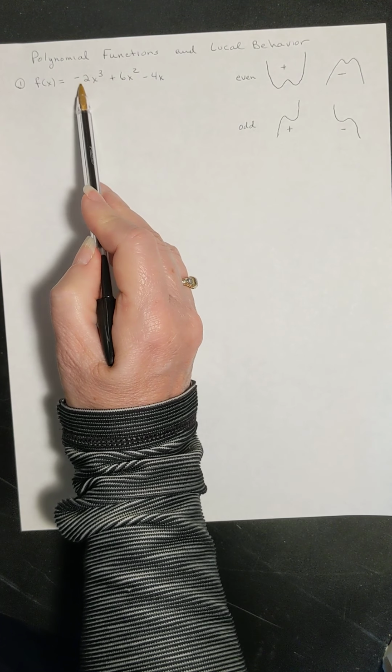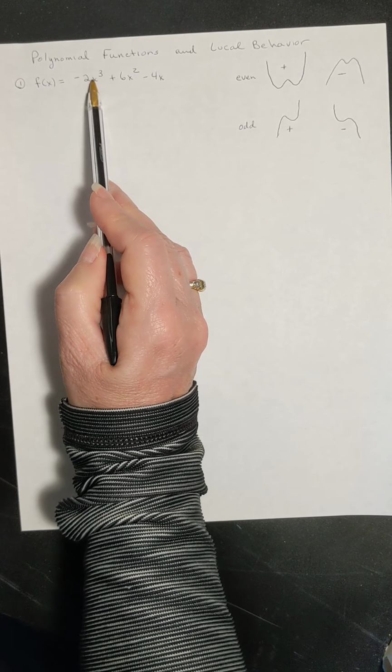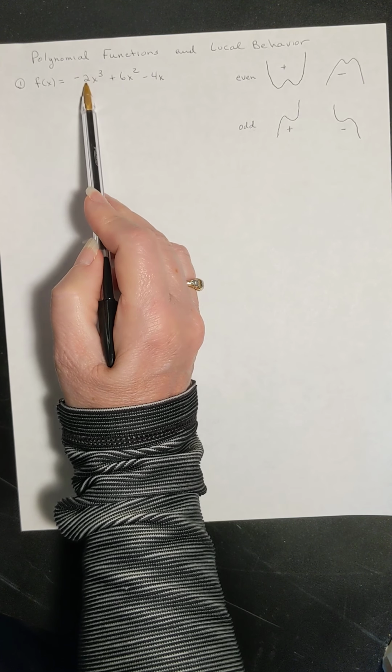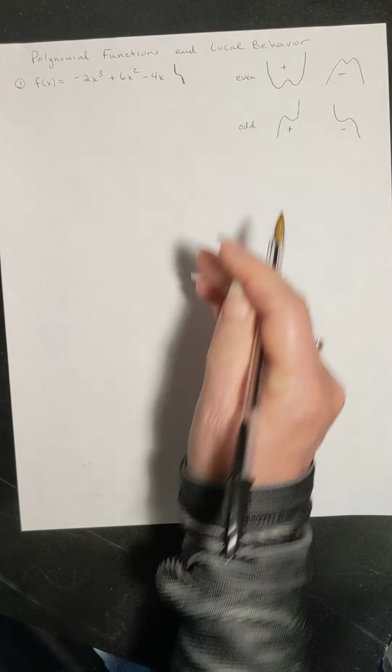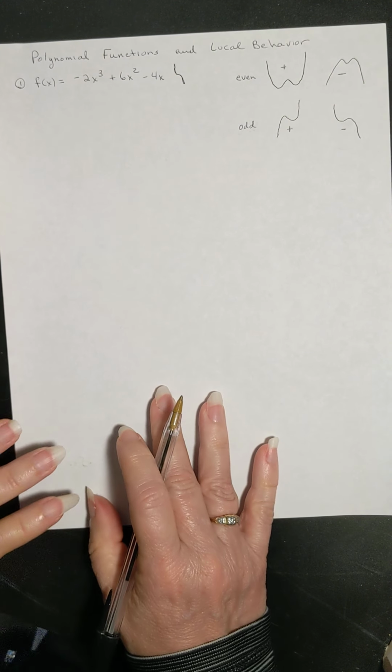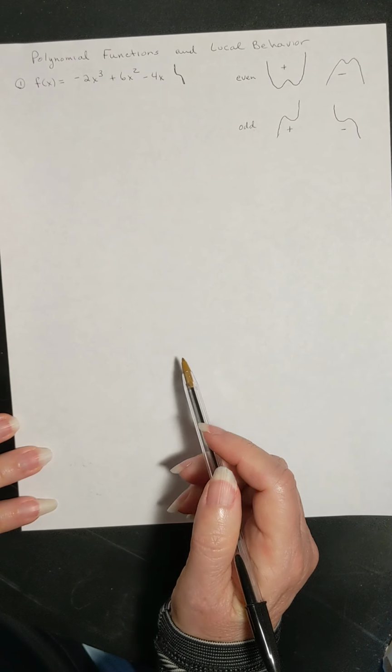I look at the number in front of that x cubed term, and it is -2. So my leading coefficient is -2, so it's going to be a decreasing snake because it's negative. I'm just going to draw this here to remind myself that this is going to be a decreasing snake. Now, finally we get to local behavior.